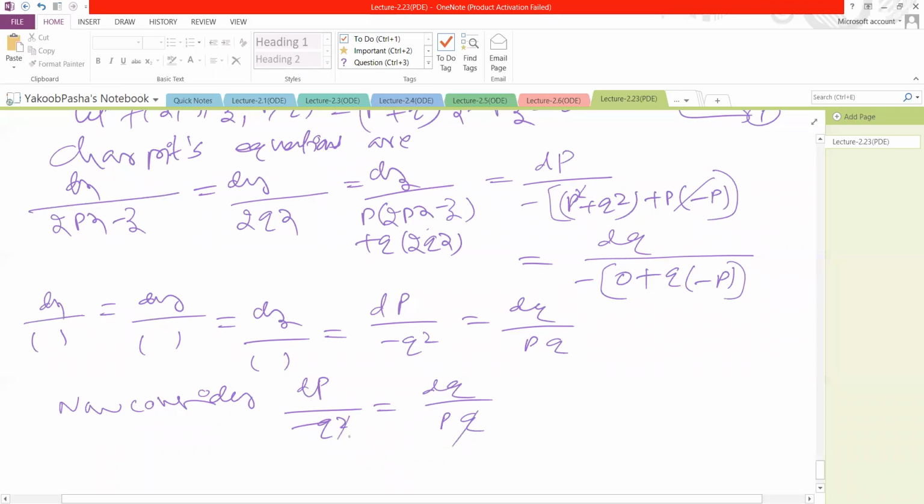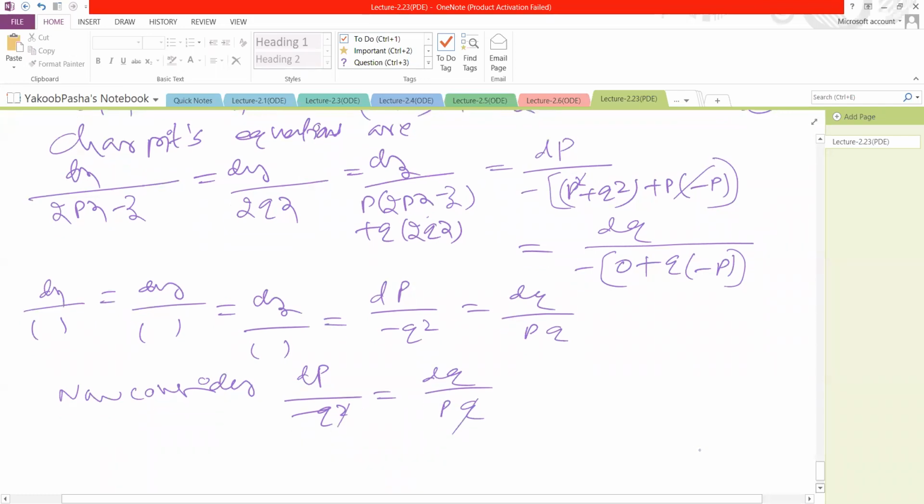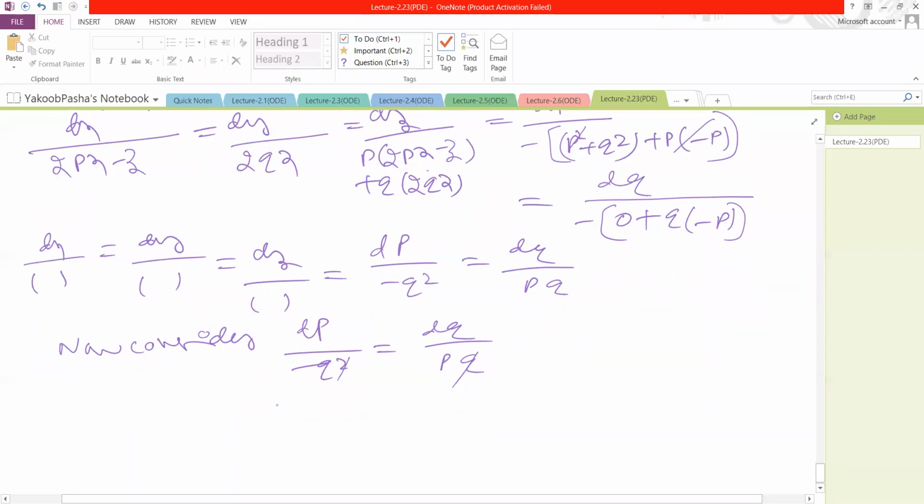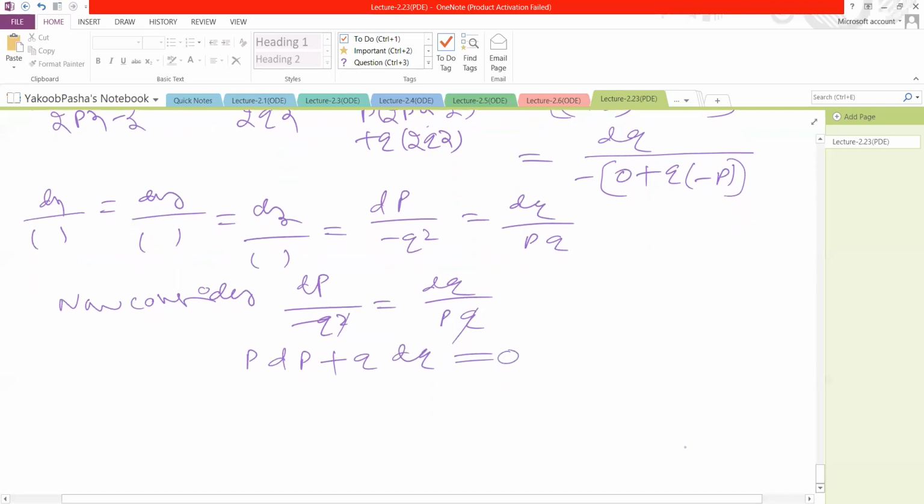Here q will be cancelled. Now by cross multiplication, we get p dp plus q dq is equal to 0. By integration, p square by 2 plus q square by 2 is equal to a square. Therefore, p square plus q square is equal to a square.